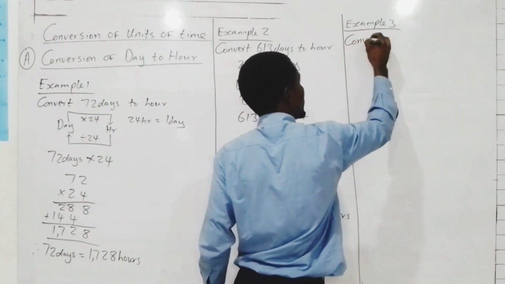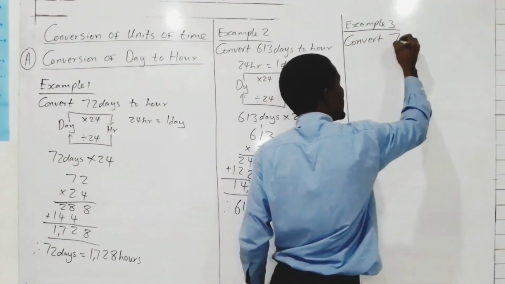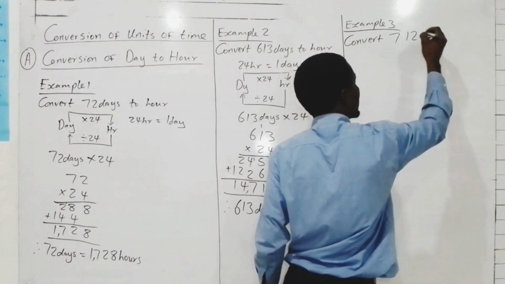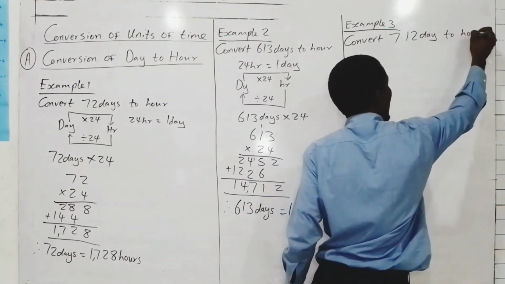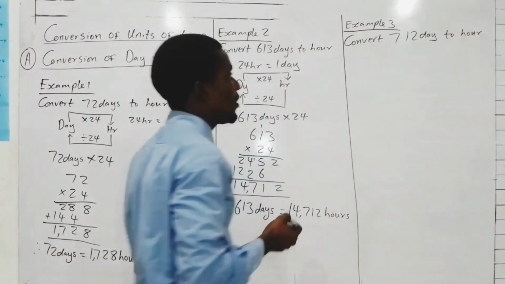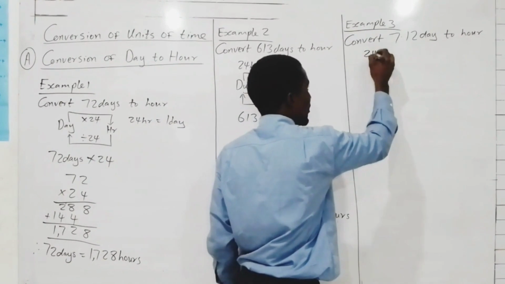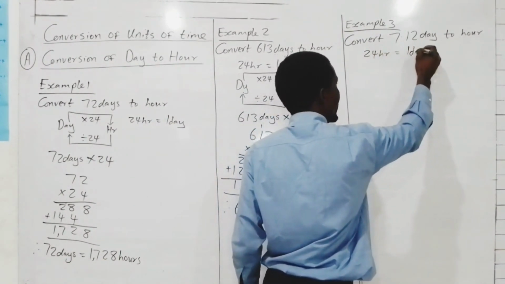Convert 7.12 days to hour. 7.12 days to hour. We recall again, 24 hours equals to what? 1 day.